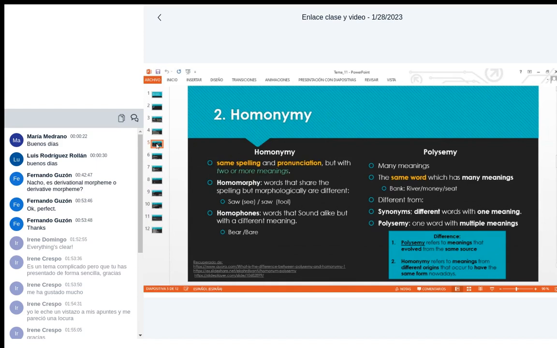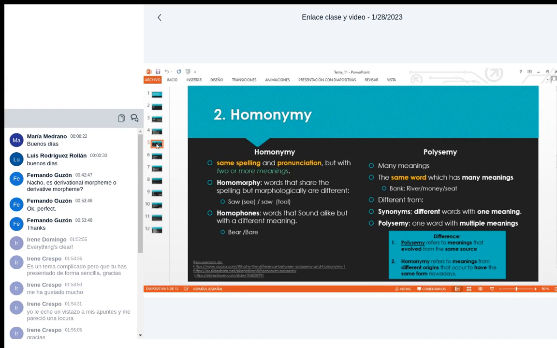But again, homonymy is more about how the word is formed, or how the word is constructed. That is the etymology of the word. Where does the word come from? The origins of this word. For example, the word saw, and the past tense of the verb to see, are written in the same way.